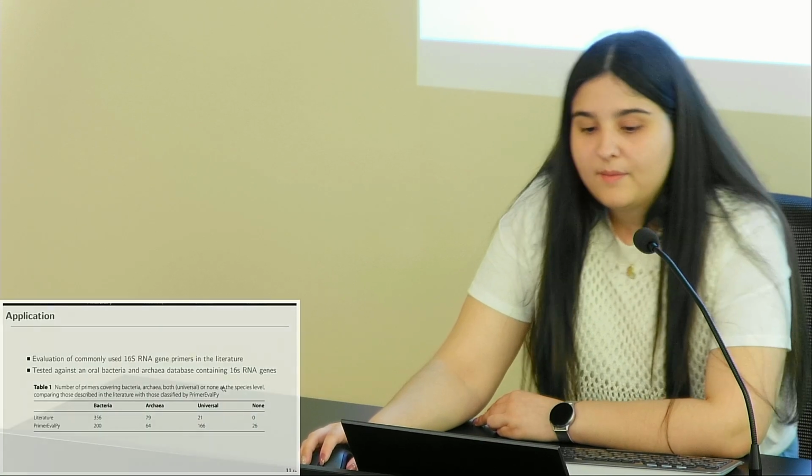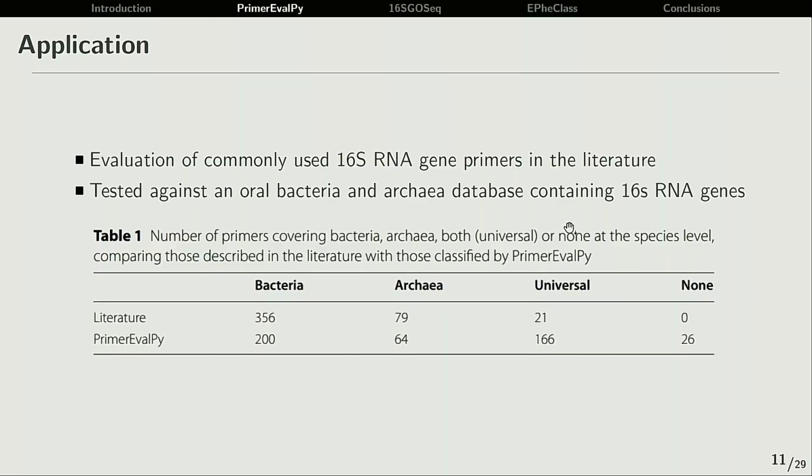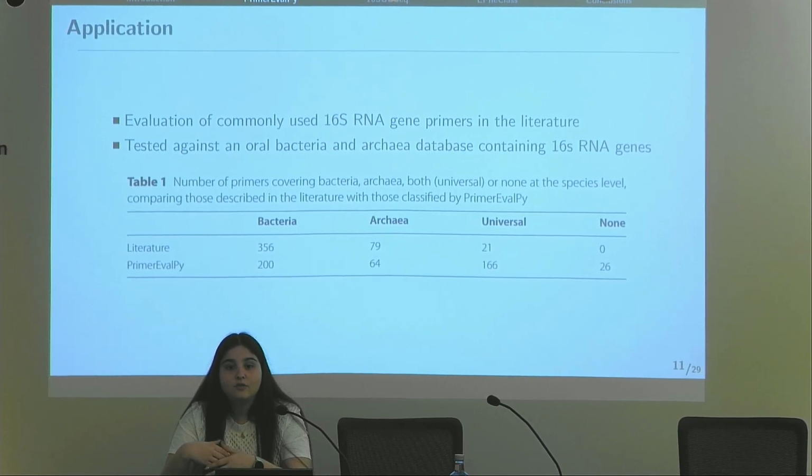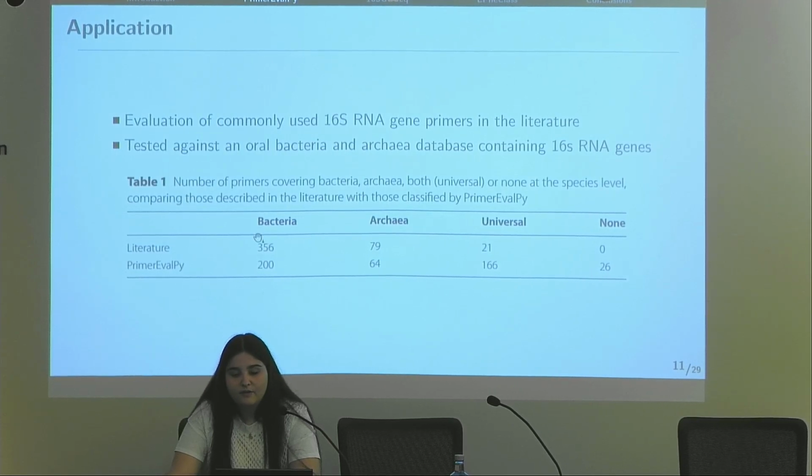We used PrimaryValPy to test commonly used primers in the literature against a bacterial and archaea oral database. Aside from obtaining the most suitable primers for detecting archaea and bacteria in the oral cavity, we also saw that many of the primers that were supposed to cover an exclusive domain turned out to cover a different domain than expected.